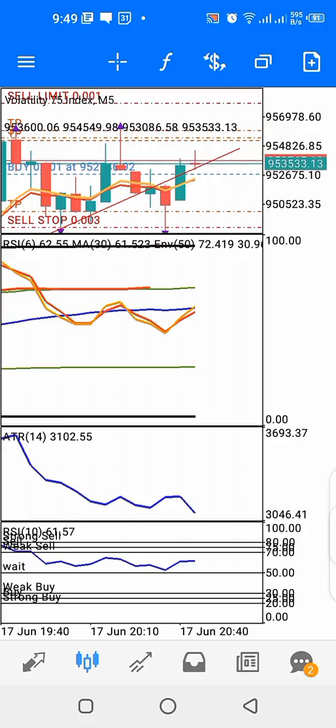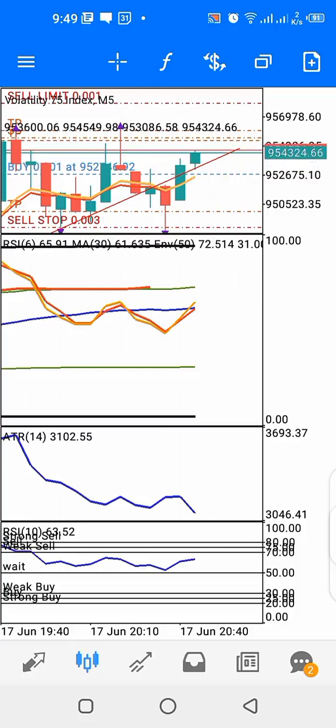As it is right now, I expect price to go up to trigger my take profit, which is about 2,500 points. But you can see price showing some indecision, moving up and down on a particular spot. Now you can see price jumping a bit and heading towards my take profit.